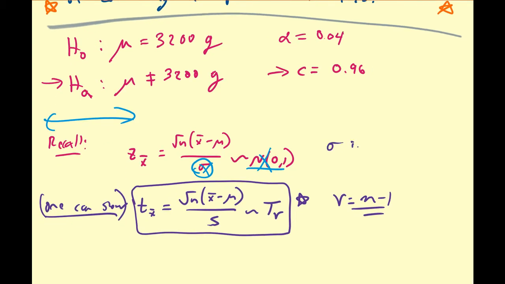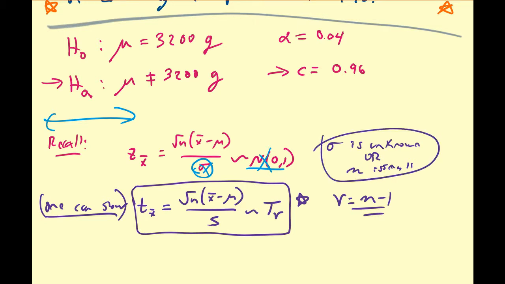So if sigma is unknown or n is small, then we're going to use a t distribution to find our confidence interval. Sigma not being known is obvious, but what about n being small?